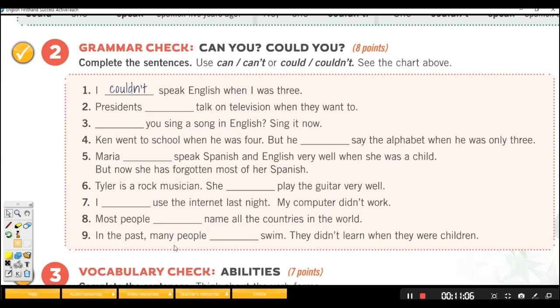In the past, many people, something, swim. They didn't learn when they were children. Okay, what do you think the answer is? Take some time and just fill it in here with can or can't or could or couldn't.